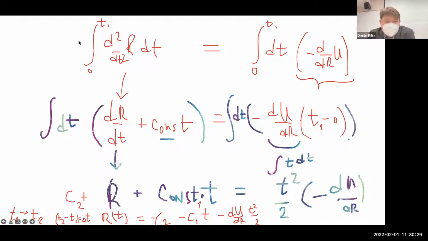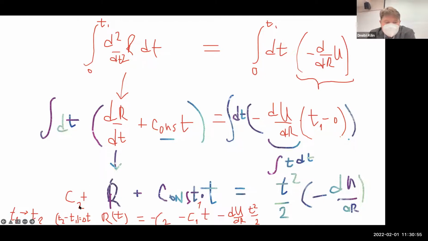Yeah, so if we integrate the first derivative of the first order, we are getting the function. We bring the function to the way without the derivative, right? So instead of dr over dt, we have r as a function of t. The constant from our previous integration yields a factor times t, right?